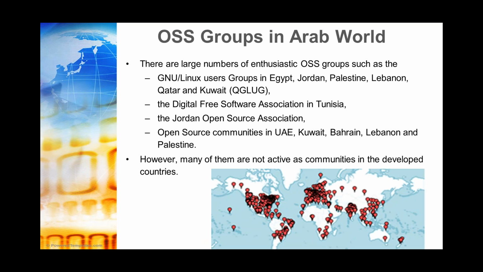When I looked at the groups that are enthusiastic about open source software, I was impressed to see that there are several groups related to Linux and digital free software associations in several Arabic countries, in Tunisia and in Jordan. Also Linux groups in Egypt, Jordan, Palestine, Lebanon, Qatar and Kuwait, and open source communities in UAE, Kuwait, Bahrain, Lebanon and Palestine.